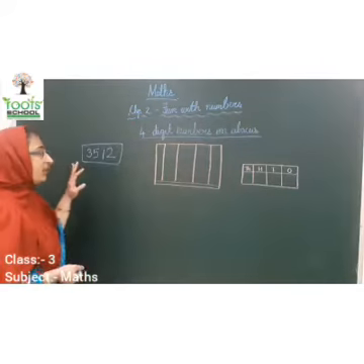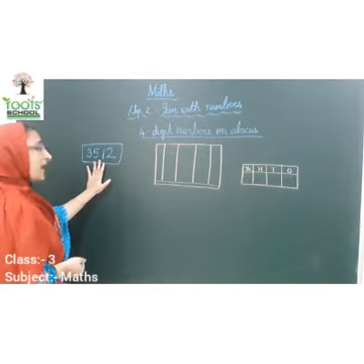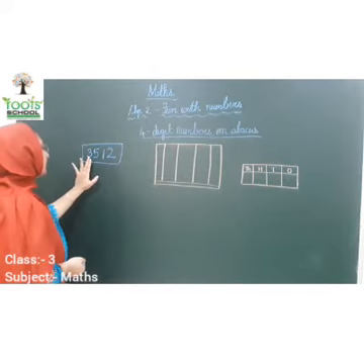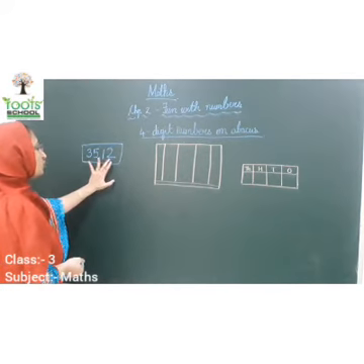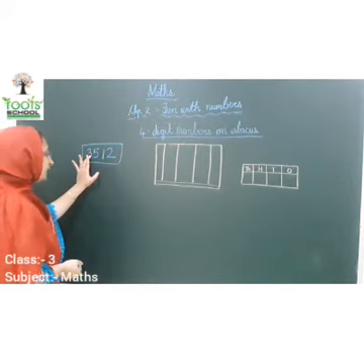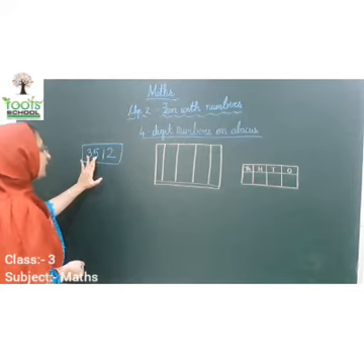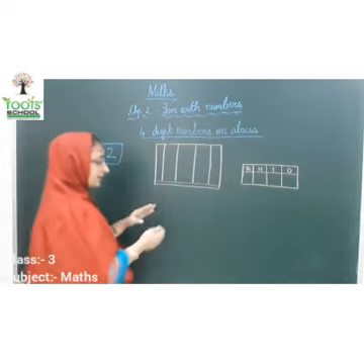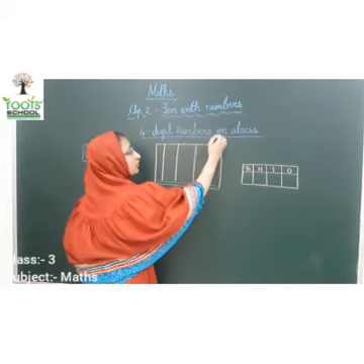Now kids, here you can see a 4-digit number which I have written. Come on, read along with ma'am. What is the number? 3512. Now this is the abacus. On top, ma'am is going to write the value.